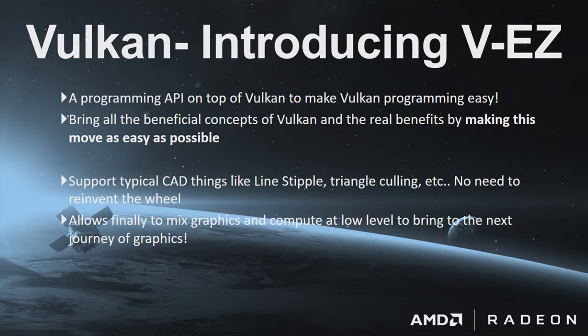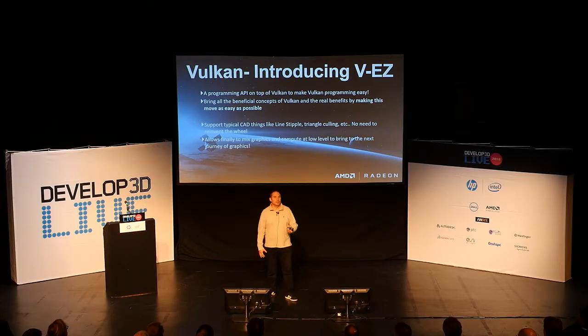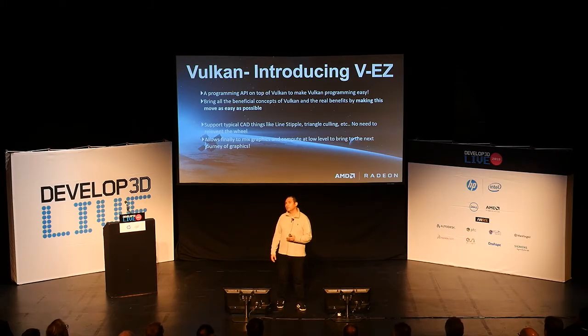So Vulkan Easy is basically an API on top of Vulkan to help all the applications and developers today so that they can easily move to Vulkan, to this low-level API. It brings all the benefits of this new platform. And basically, what is potentially low-level and difficult to put in place with Vulkan, with Vulkan Easy, it's straightforward.